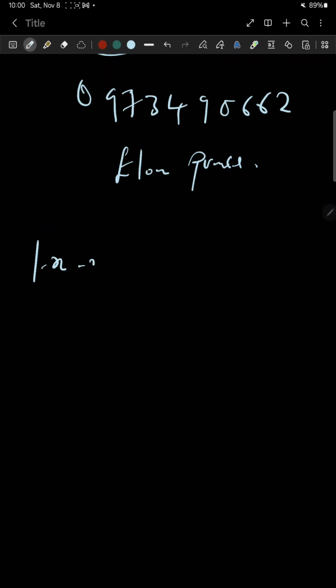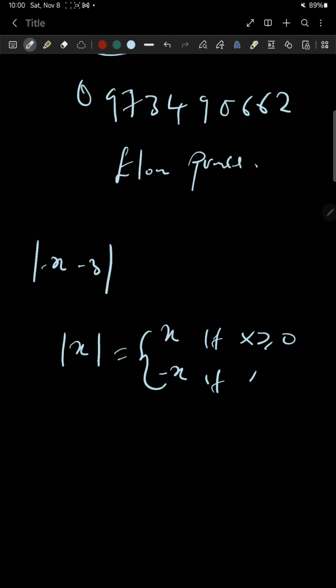So if we have negative x minus 3, the definition of a modulus is: modulus of x should be x if x is greater than or equal to 0, then negative x if x is less than 0. Okay, now if we say negative x minus 3, it means while there is x, we are replacing it with negative x minus 3.